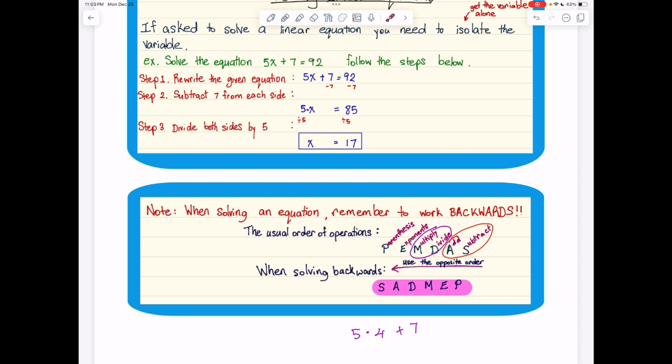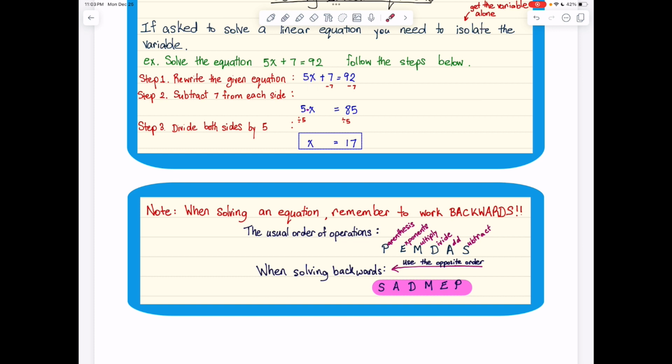But when you are solving an actual equation, that is different from evaluating an expression. So here we have an equation. You know it's an equation because it has an equal sign. Also different for this is that you have an unknown variable here. Now the goal is to isolate this variable. And what do I mean by isolate?